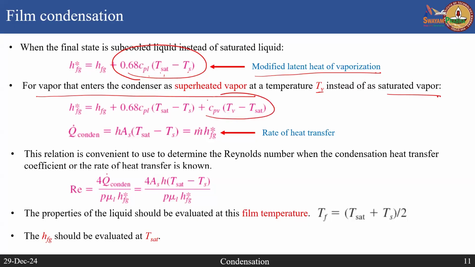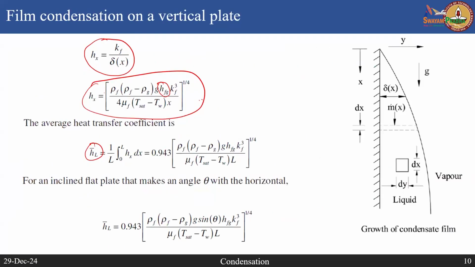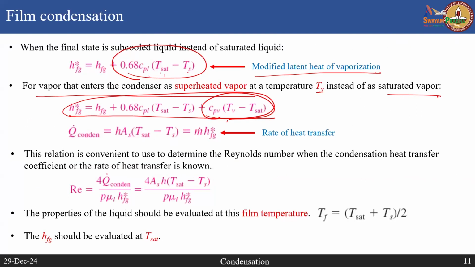So, that is accounted for as a sensible reduction in the temperature by this. So, therefore, the final HFG star can include both the effect of subcooling liquid as well as reducing the vapor temperature from a superheated state to the saturated state. So, these effects were later incorporated additionally into the correlation. So, the correlation remains the same, only the HFG is corrected to account for the modified latent heat of vaporization.